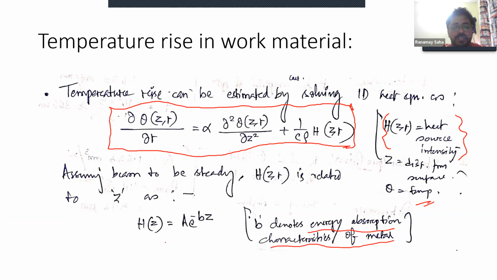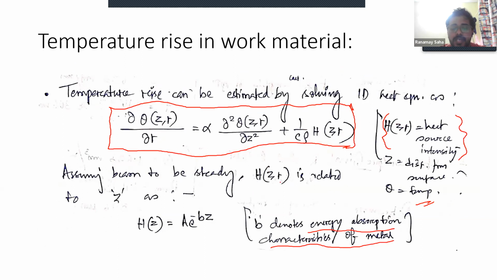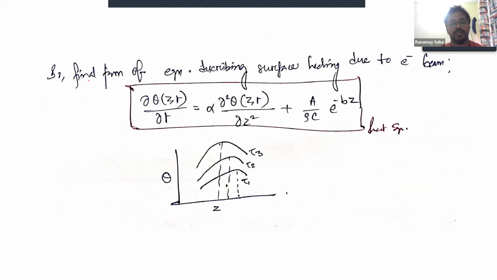Proceeding ahead, the governing equation describing the surface heating during the electron beam machining process, considering the heat intensity is time invariable and remains constant in time, is found by replacing the heat intensity into the 1D heat equation.